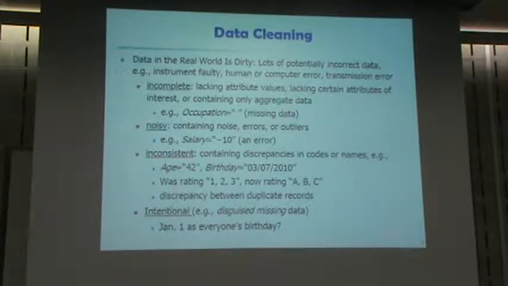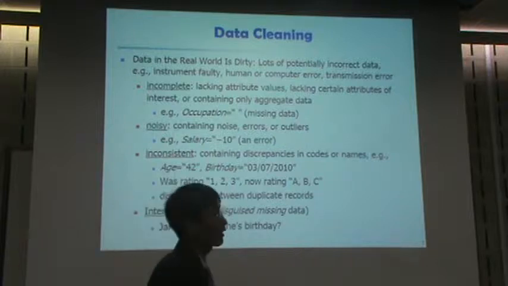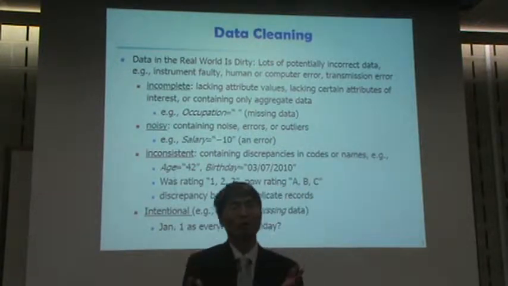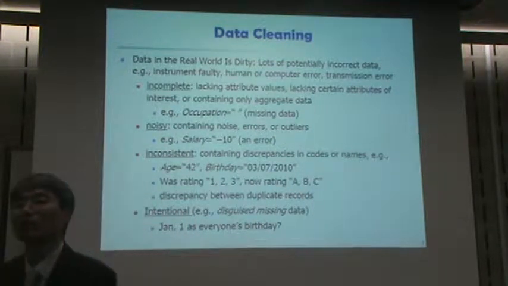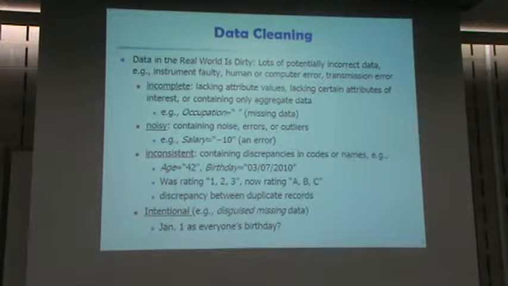Also, if your customer does not provide the correct data, they may intentionally put in default data, like January 1st for the date of birth, or 0 for salary. Zero does not actually mean no salary; they just don't want to release the salary information.